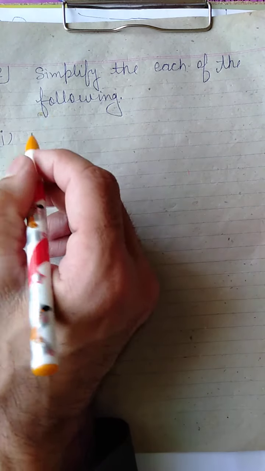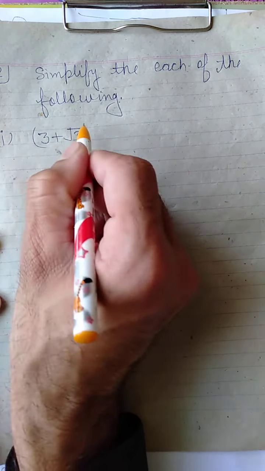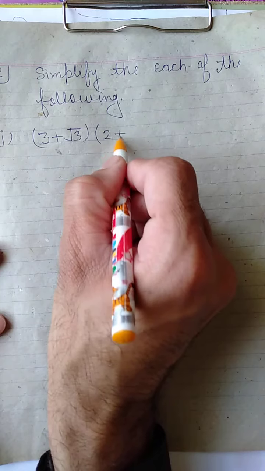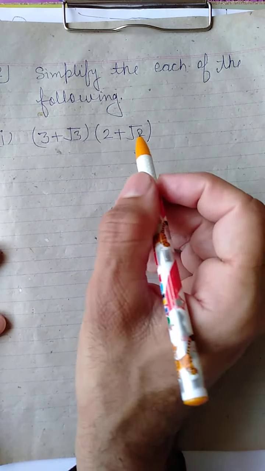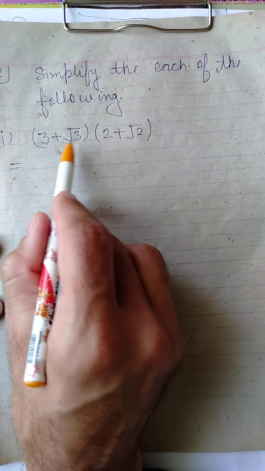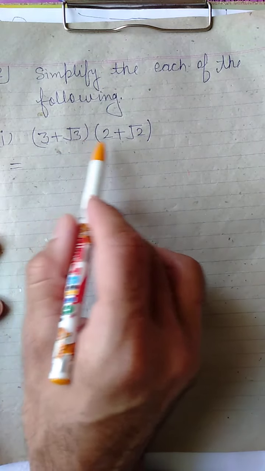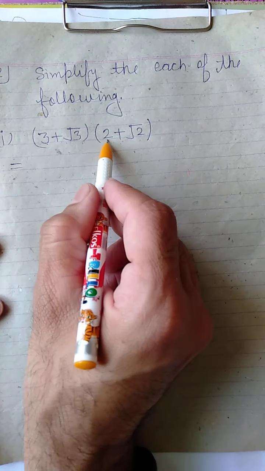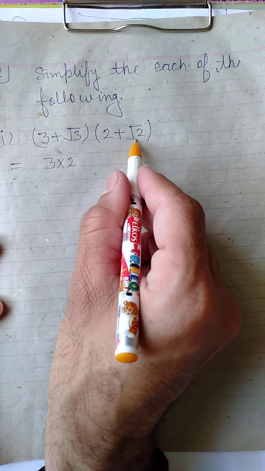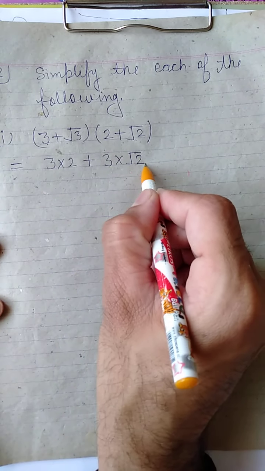Question number 1 is given: 3 plus root 3, with a bracket, and 2 plus root 2, which is also in a bracket. These questions are given in your book, you may check. Okay, now look ahead. We will multiply. First this 3 will be multiplied by 2, 3 multiplied by 2, then 3 will be multiplied by root 2, so plus sign, 3 multiplied by root 2.